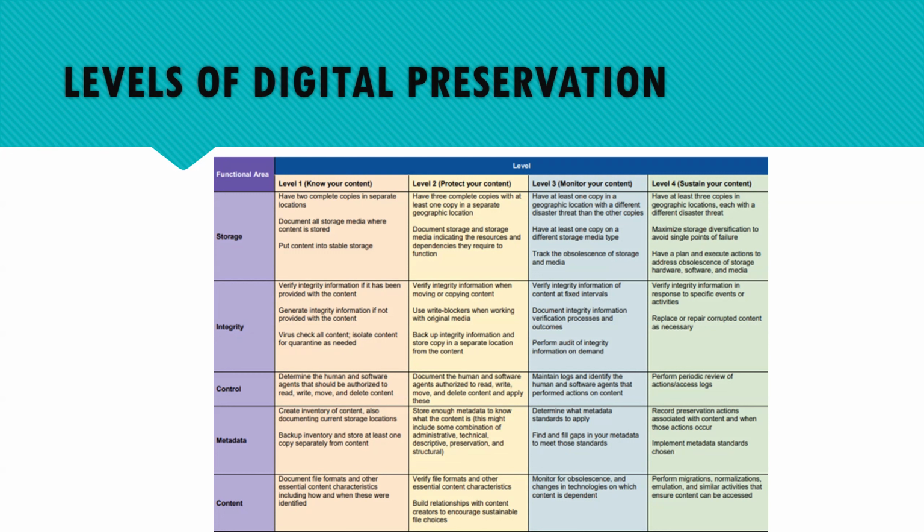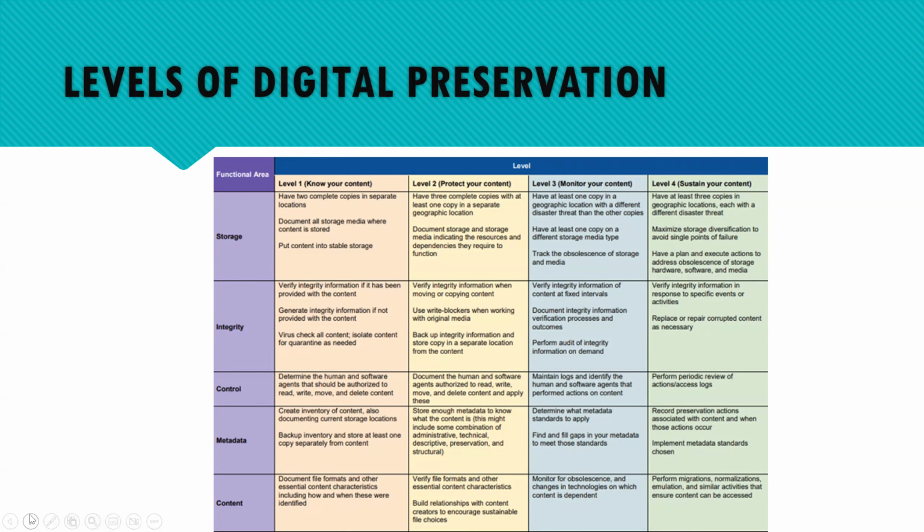And the article that the authors wrote about their efforts is a really great illustration of how they took steps to have a digital preservation program in place that came as close as possible to meeting more of the level 4 digital preservation efforts as opposed to level 1. So very basic, very basic, very basic, a little more, and then quite complex. And so they wanted to get here, and that article does a good job of talking about how they did it. And it seems like for the most part, they were pretty successful.